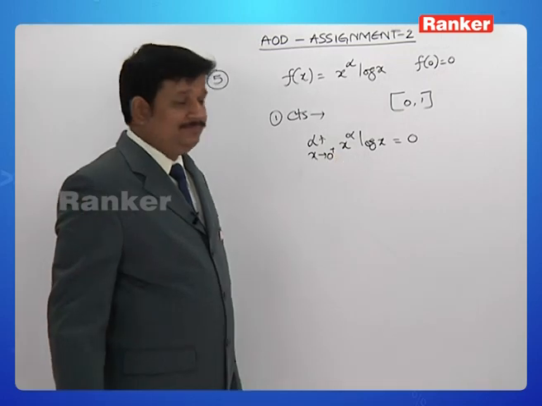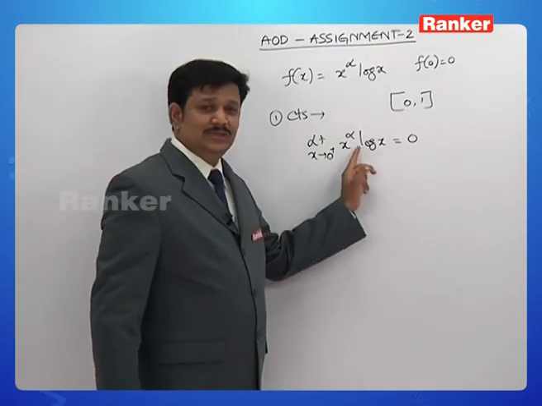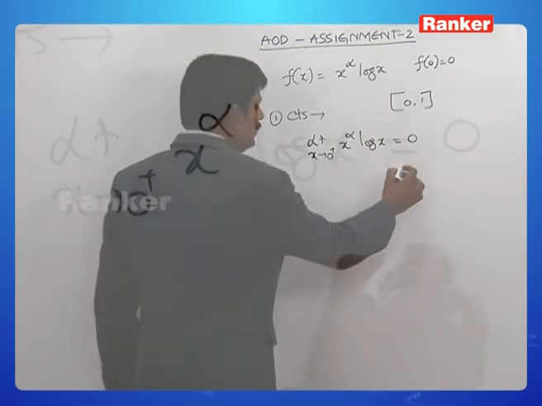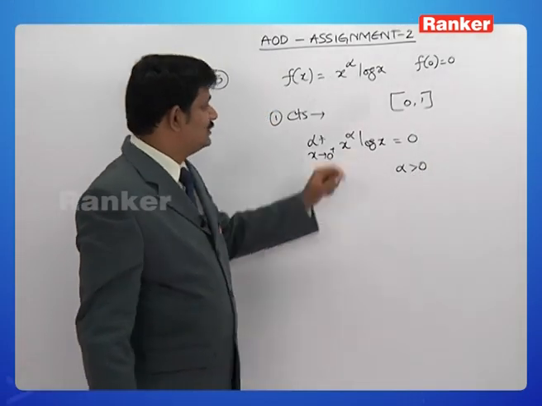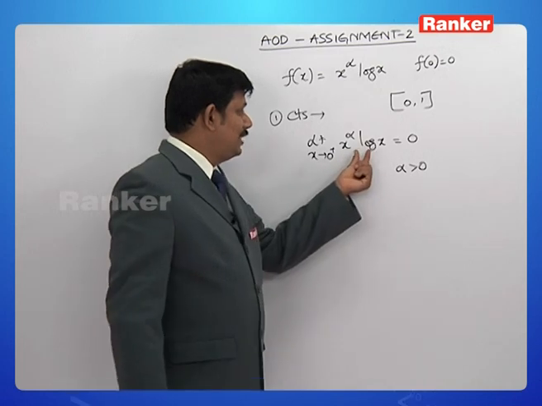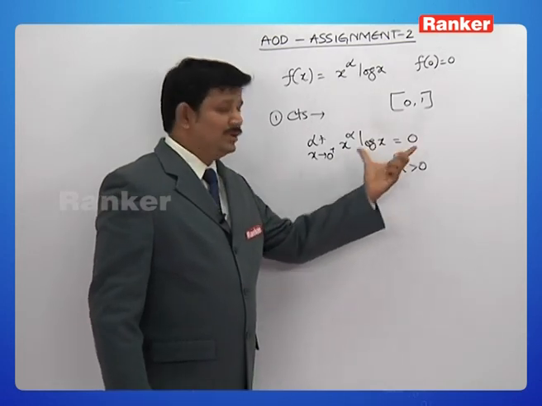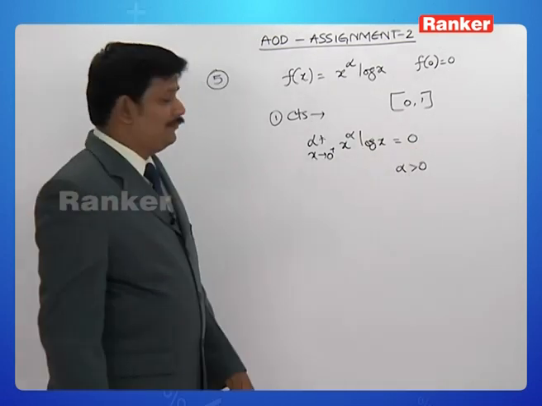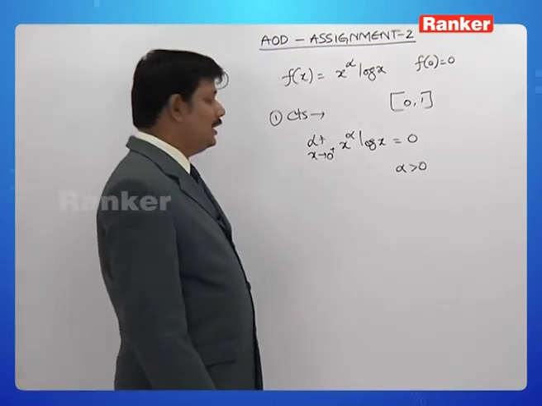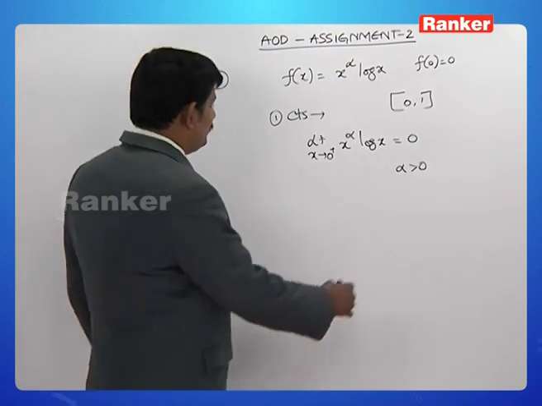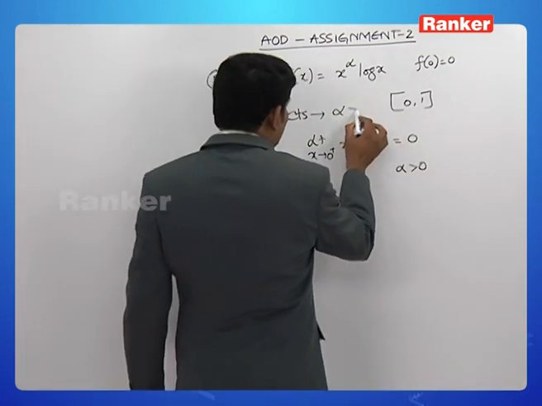X power alpha should tend to 0 to make this 0. For that, alpha should be strictly greater than 0. Only when the power of x is positive can x power alpha into log x become 0. So for the function to be continuous, alpha has to be greater than 0. So the first condition we have is alpha greater than 0.